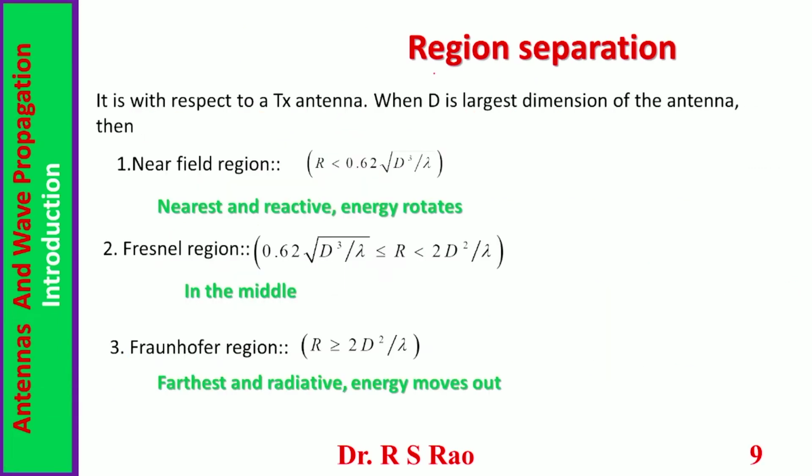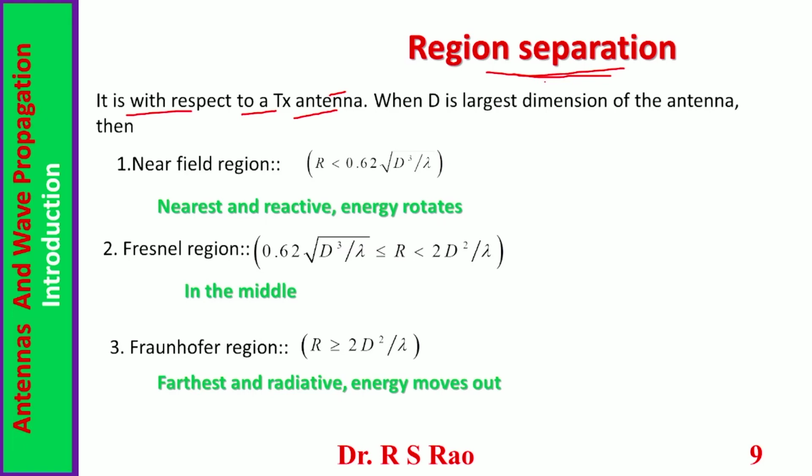The region surrounding a transmitting antenna is separated into 3 parts. We use these 3 parts several times in the study of antennas, so they are being given here. The region separation is defined with respect to a transmitting antenna.